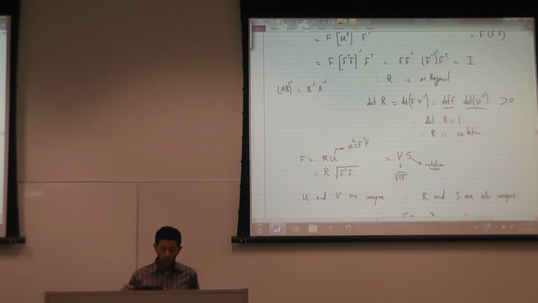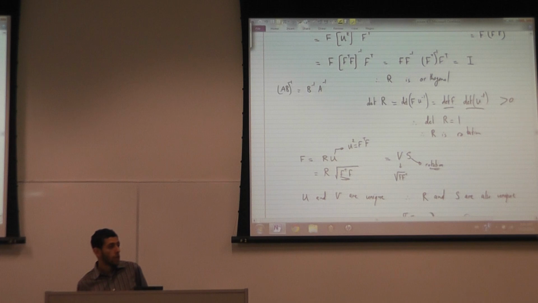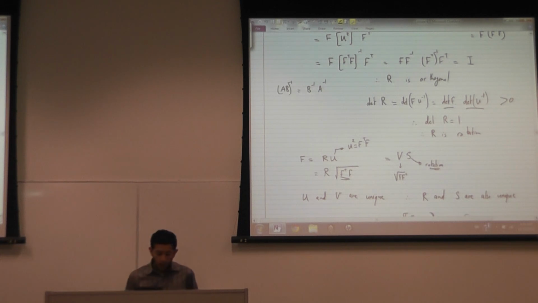So the green strain tensor, let's now revisit the deformation gradient. The green strain tensor is a function of this F transpose F. It's a function of the positive definite part of the deformation. It's only a function of the stretch, and it does not consider the rotation.